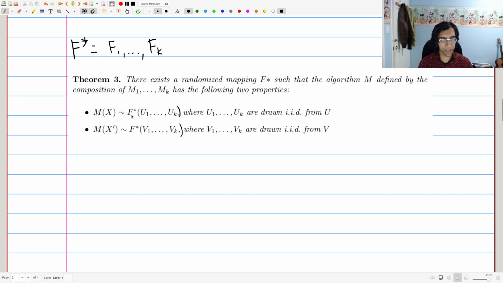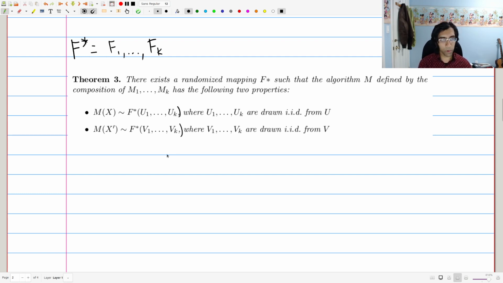Of course, this f star will be defined differently for each M and x and any input you feed into the data set. But the point is it's an existential argument: there exists a way to map it. So all we have to do is reason about these, and the same guarantees will carry over.